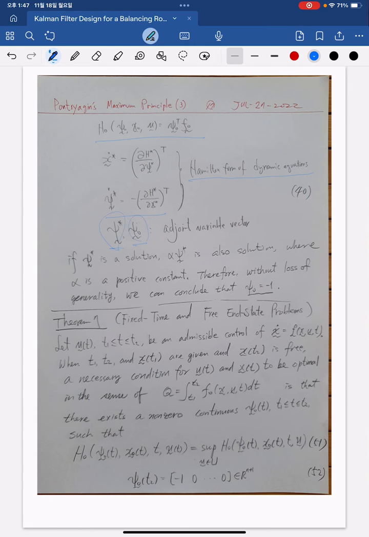Psi star, psi 0 is an nonvanishing variable vector. Psi star is a solution. Alpha psi star is also a solution where alpha is a positive constant. Therefore, without loss of generality, we can conclude that psi 0 equals minus 1.